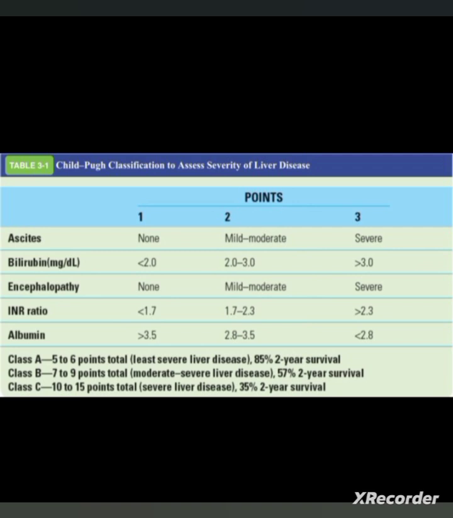It is also used to determine prognosis as well as the required strength of treatment. And it is also used for assessing the necessity of liver transplantation. That's why we are using the Child-Pugh score in liver disease.